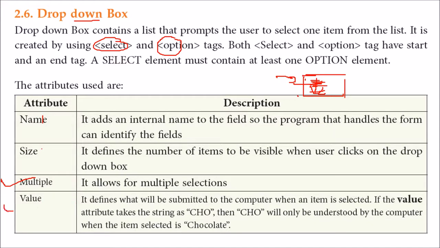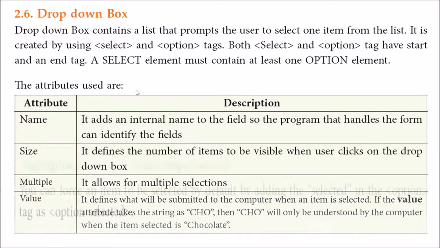And also this value, that means the value is shown as chocolate, say, but inside it you want to give it as, or you want the internal program to treat it as ch only, like the currency India will come as one option. Now when the user selects India inside the program, it should be treated as INR, Indian rupees.